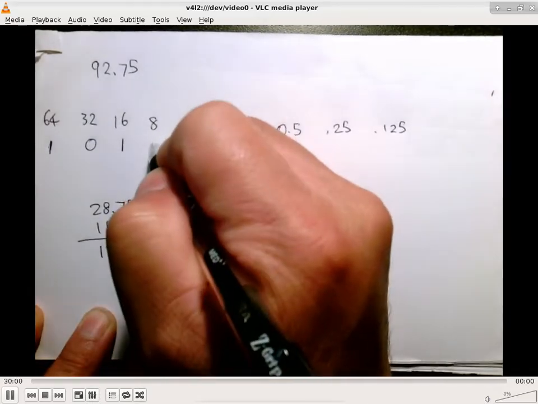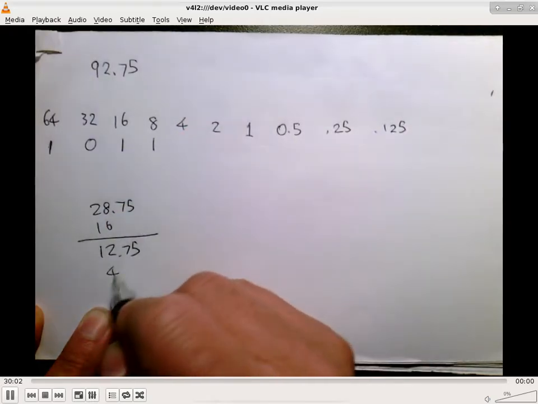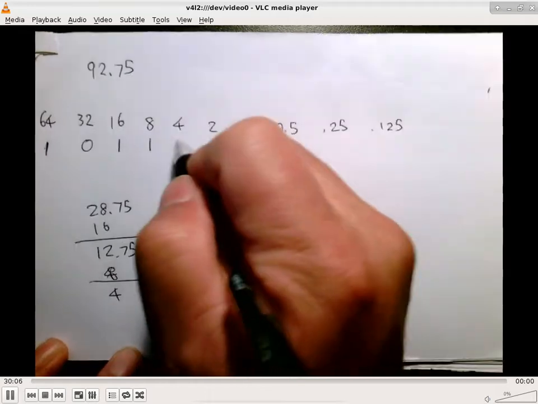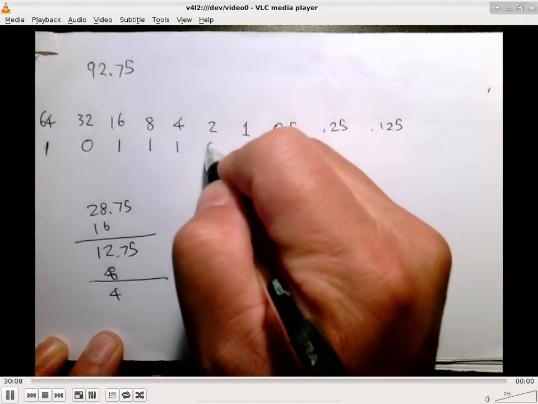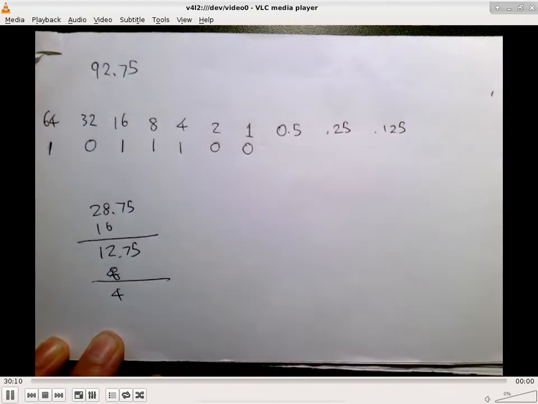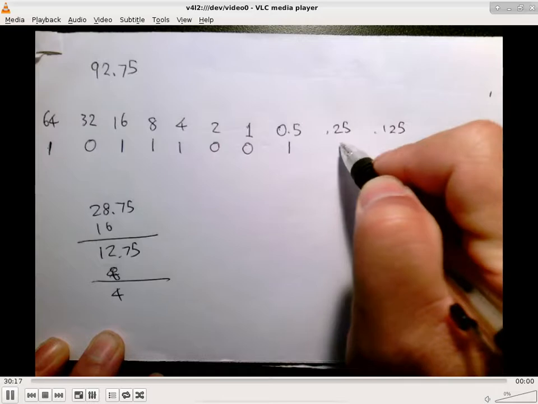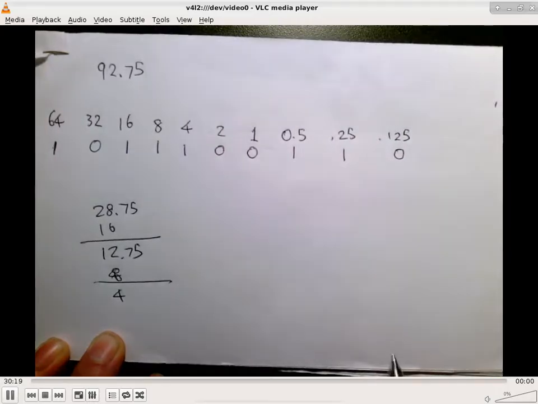So you will need an 8, right? You subtract 8 from it, you get a 4 point something, you take a 4, then you don't need a 2, you don't need a 1. Okay? And then you look at a half, you go like, yeah, well, I'll take a half. And then you take a quarter, but you don't need an 1/8 anymore. Is that making any sense?